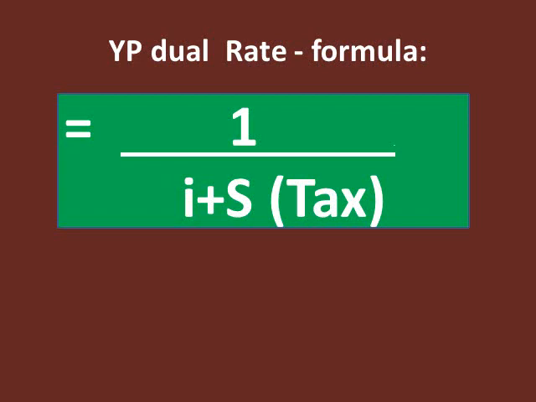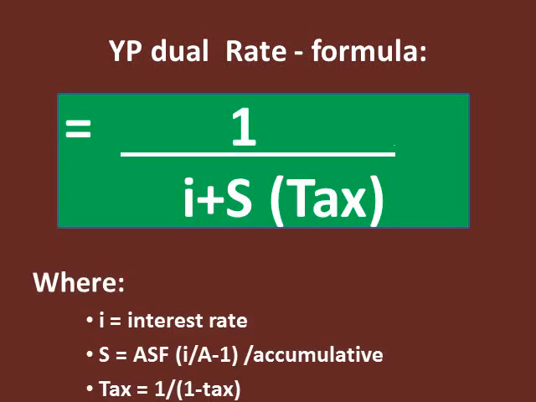The formula is 1 over I plus S times tax adjustment. First of all, you need to calculate the tax first. I is the interest rate. S is the annual sinking fund, which is I over A minus 1, and the tax part is equal to 1 over 1 minus tax. So first you need to calculate the tax.